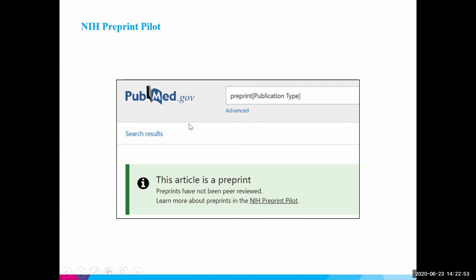There are going to be newly created filters. You can see on the top here that there is a publication type for preprint now, and there will be other filters so that you can either exclude or include preprints in your search results. You can also see this gigantic green banner that is going to appear for all preprints on PubMed Central. It will say very clearly, this article is a preprint, and preprints have not been peer-reviewed. It'll be very exciting to see how this goes in the next year or so.